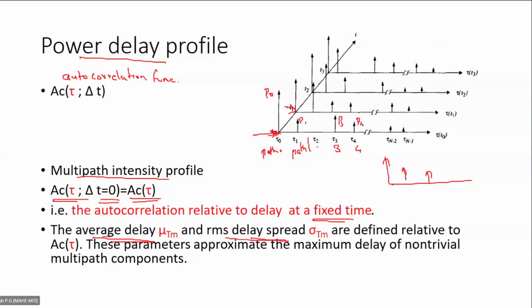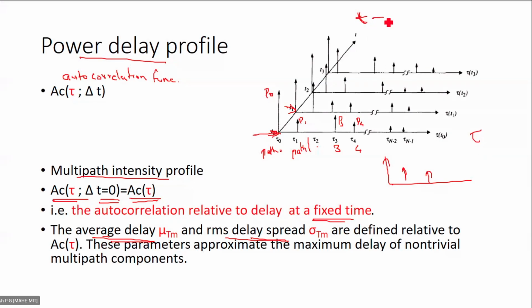So we have seen this diagram earlier when I mentioned the channel response. There are multiple observations at a particular time. You can see here that there are two axes. One is t here, and one is tau here.